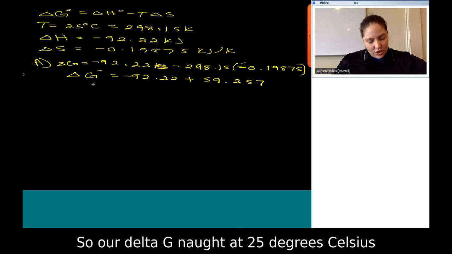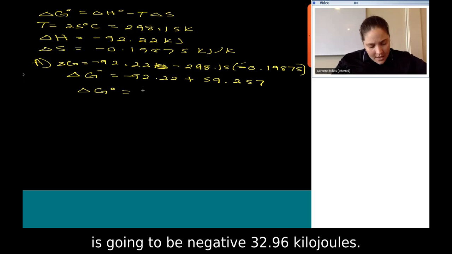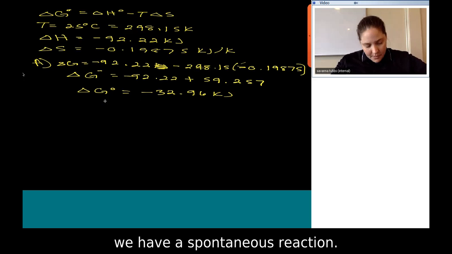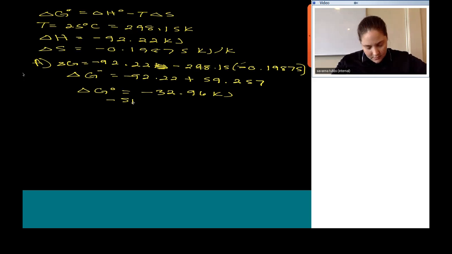So our delta G naught at 25 degrees Celsius is going to be negative 32.96 kilojoules. And for this one, because our delta G is less than 0, we have a spontaneous reaction.